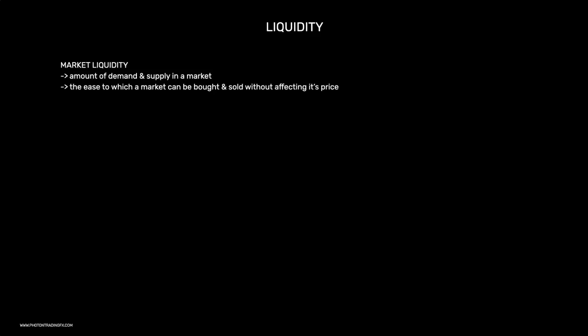Then think about the opposite case, an illiquid market, which means low liquidity. Buying and selling activity will have a much higher impact on the movement of price. Price volatility is going to be a lot higher in an illiquid market because there aren't a lot of people trading at each price level. So price has to move a far distance to find where the next buyer or seller is, right?